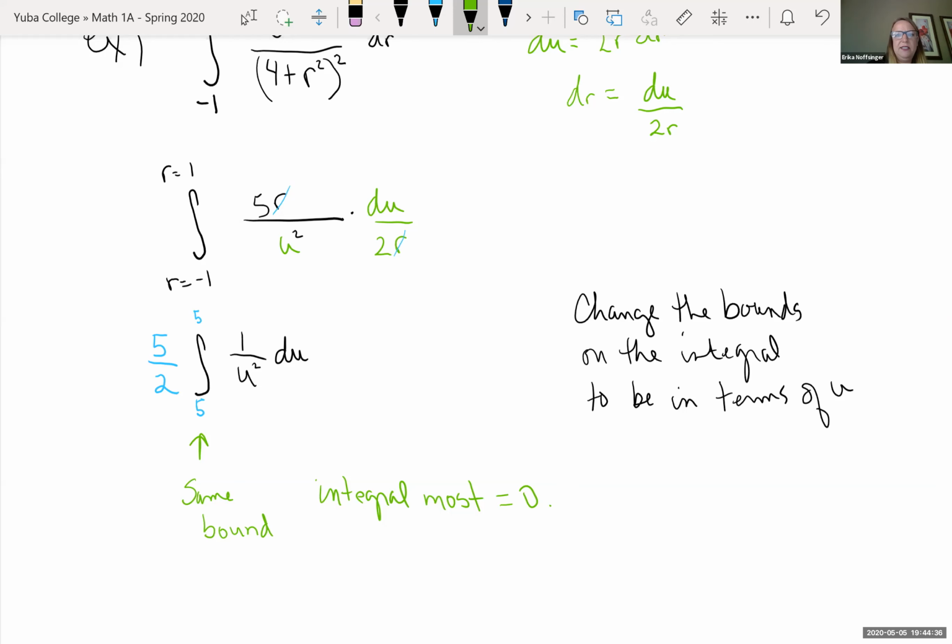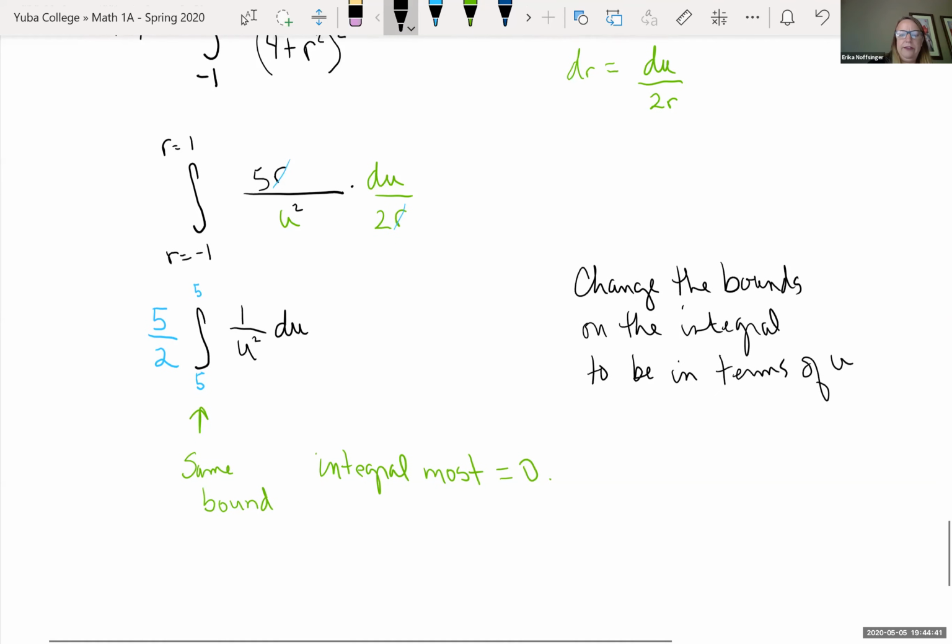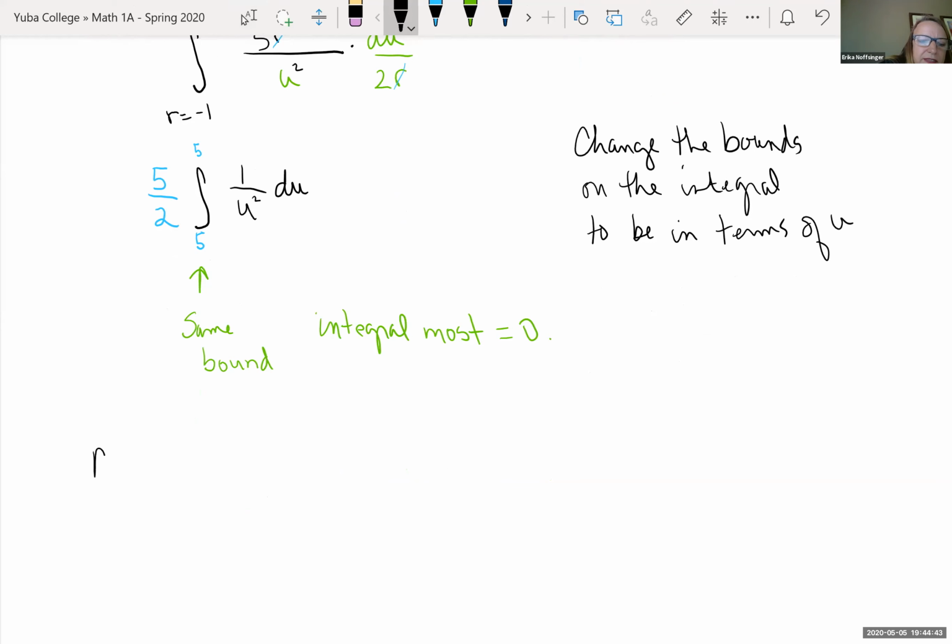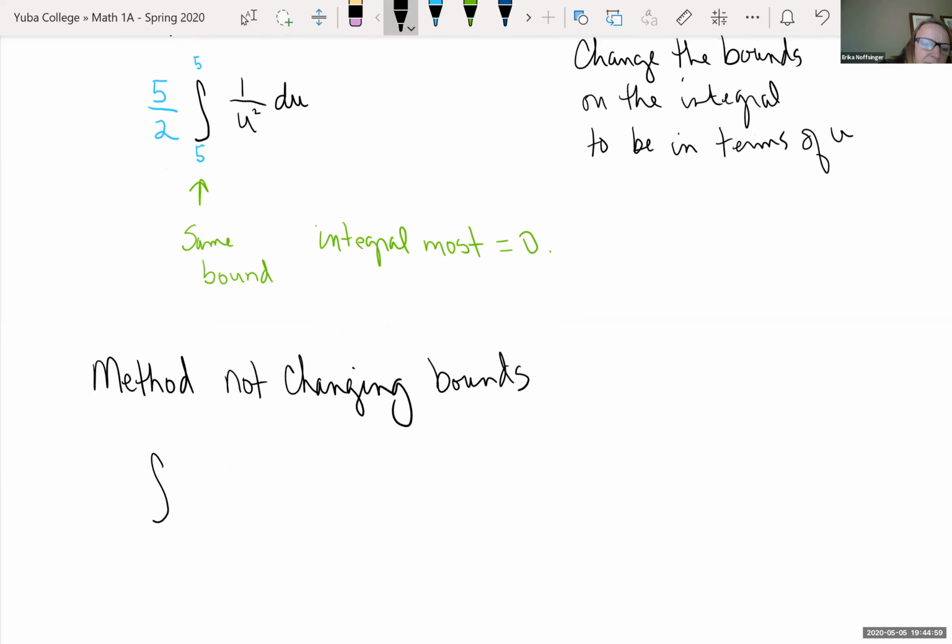Okay, let's do it the other method just to show that then. So the method without changing bound. Okay, so we had the integral, right, of r equals -1, r equals 1. And we had the 5/2 out front.